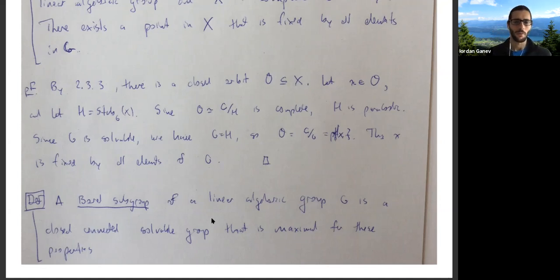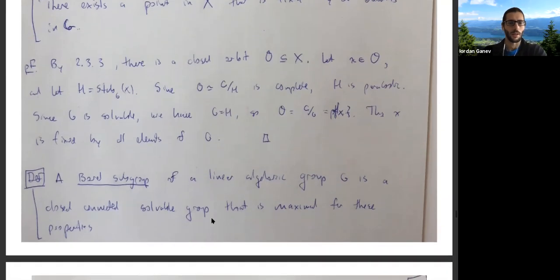A Borel subgroup of a linear algebraic group is a closed, connected, solvable subgroup that's maximal for these properties. So it's a maximal closed, connected, solvable subgroup of G. It doesn't need to be unique. Right, so that's the definition.